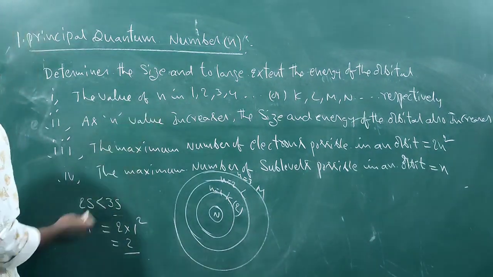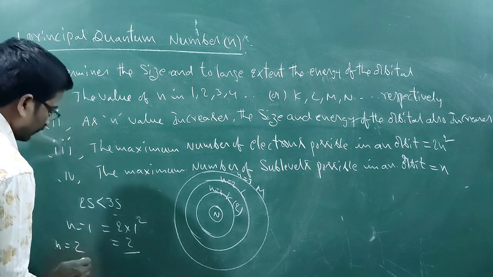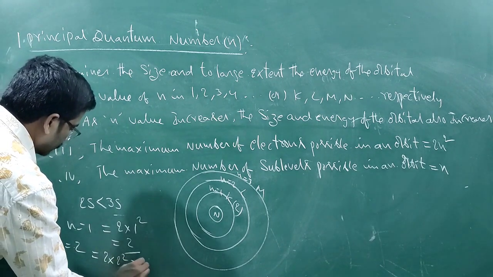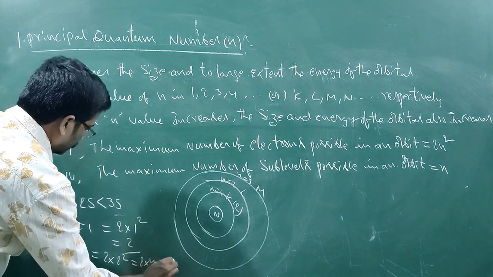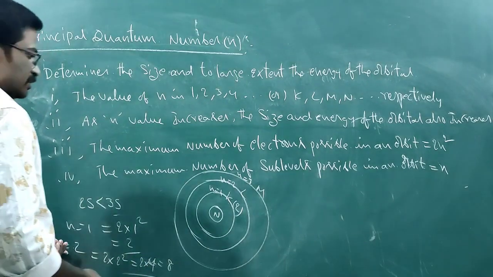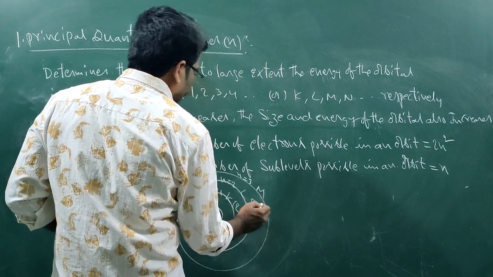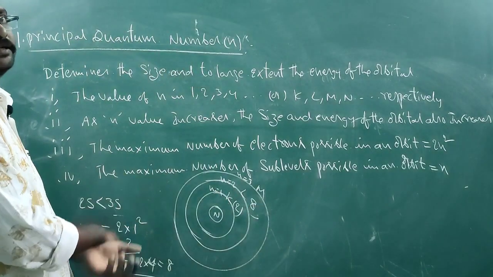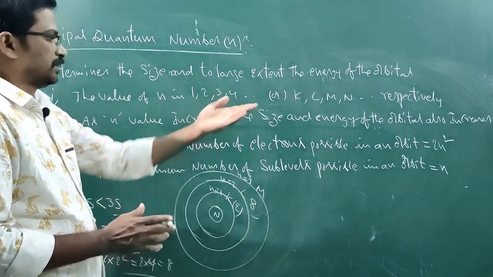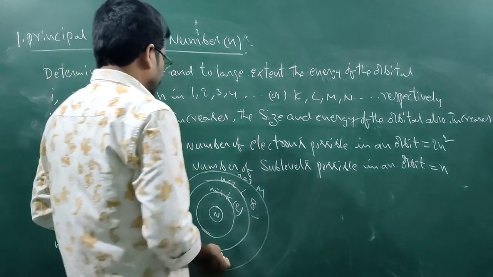If n is equal to 2, 2 into 2 square is equal to 2 into 4, which is 8 electrons possible in the second shell. Like that, you can calculate the next one and the next one.